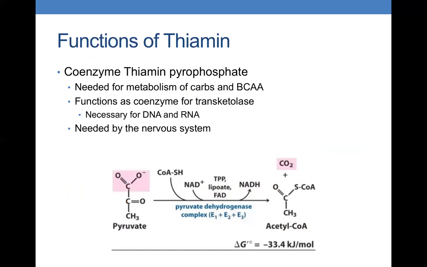Remember that our nervous system relies on glucose for energy, and thiamine is needed to convert pyruvate to acetyl-CoA, which is an absolutely essential step in metabolism. If we have a thiamine deficiency, we can't convert pyruvate to acetyl-CoA, and we won't be able to metabolize glucose. So thiamine is absolutely essential.